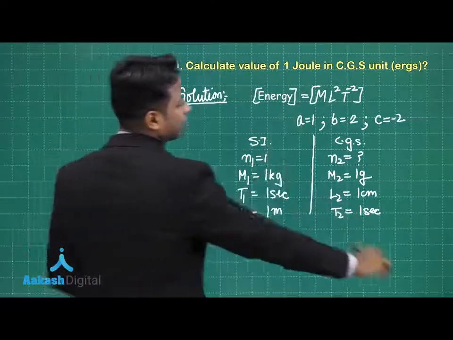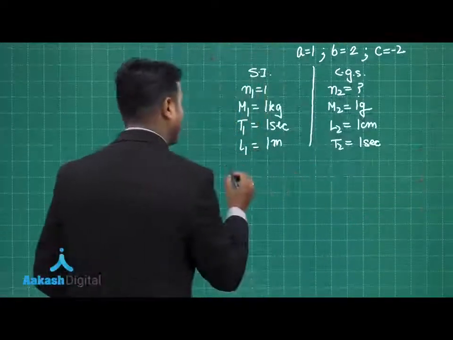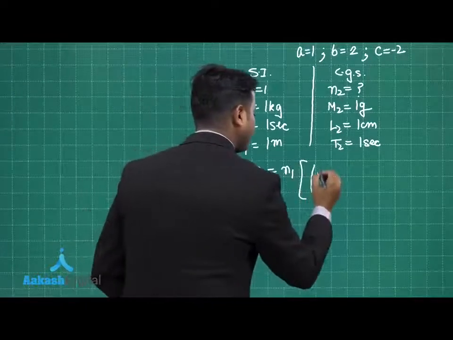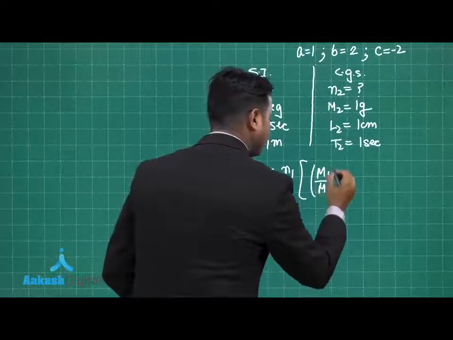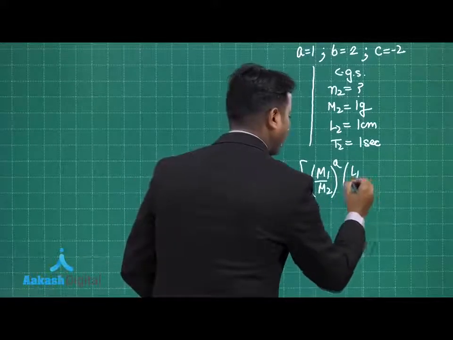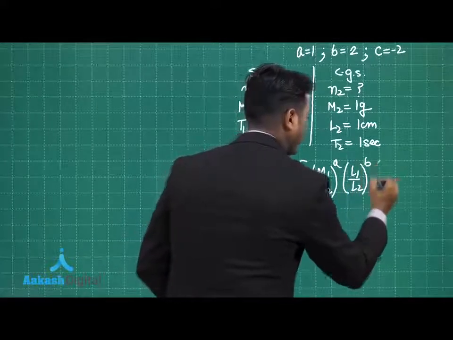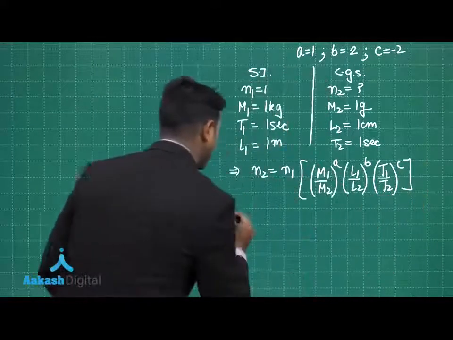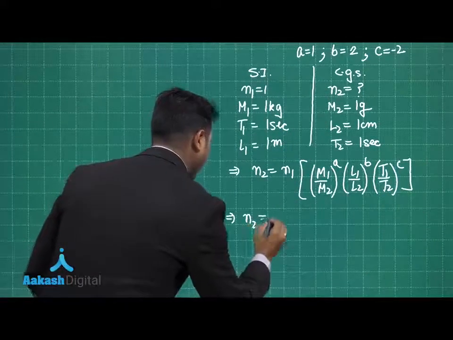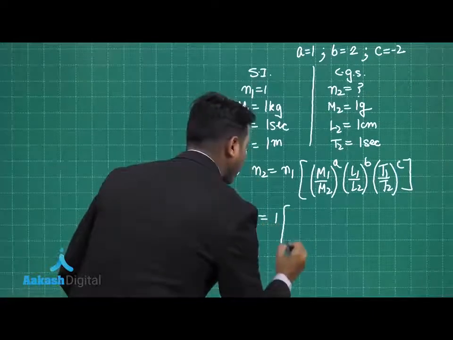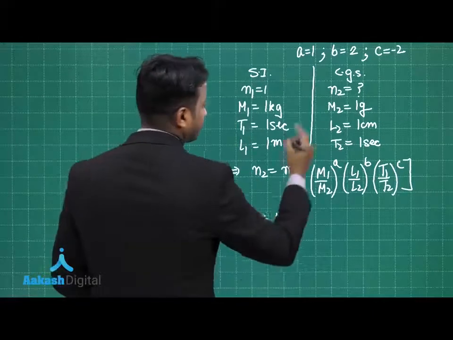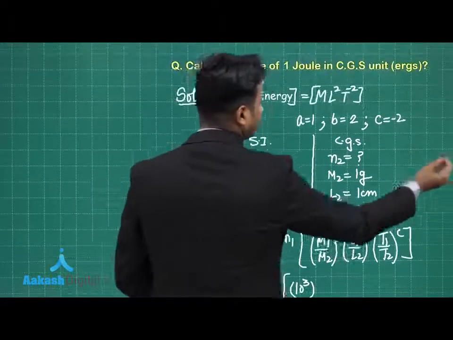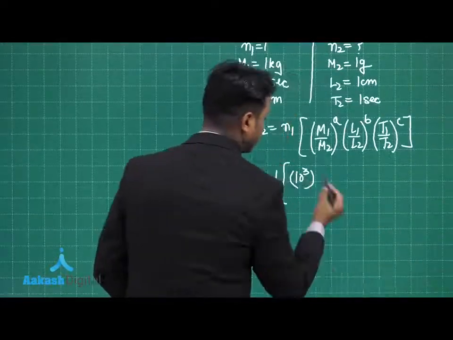Now let's substitute all the values in the formula. So we have N2 is equal to N1 into (M1 by M2) to the power A, (L1 by L2) to the power B, (T1 by T2) to the power C, and I can put all the values. N1 value is 1 joule. So tell me what is M1 by M2. M1 by M2 is 10 to the power 3, whole to the power A, and the A value is 1.